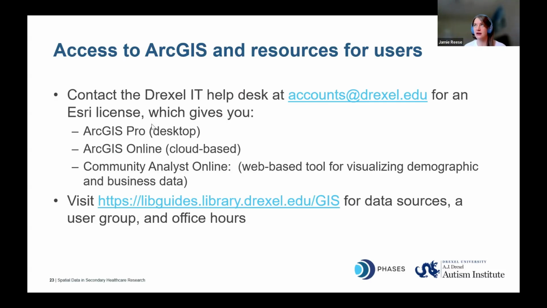It'll also give you access to ArcGIS Online, which I think is a little more accessible. It also has some really cool visualization options and better ways to share maps and things you're working on with others. And you'll also get access to some data that you wouldn't otherwise be able to get, like this tool, Community Analyst Online.